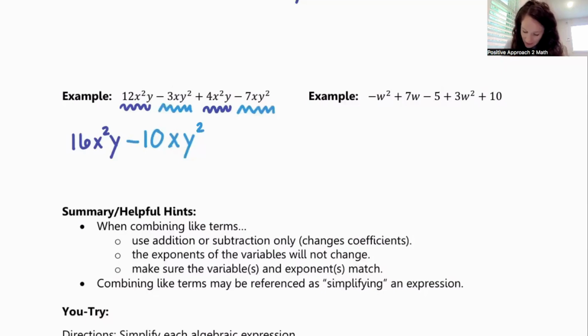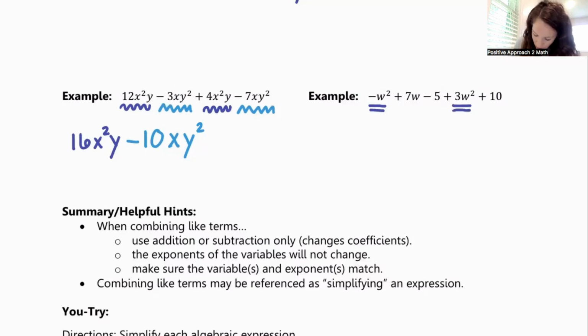And last but not least, we have one more with w. So looking at this guy, we see we have some things with w, some things that aren't. Those are our constants. I see w to the second power, I see a w to the first power, and then I see something without a w. So I'm going to just go down the line. I'm going to say, okay, here's w to the second. Skim, do I see anything else with a w to the second?